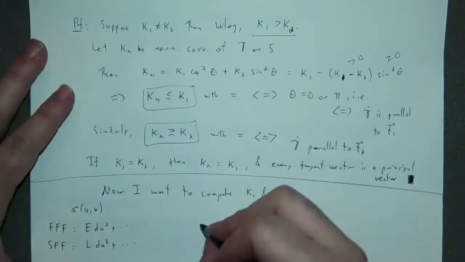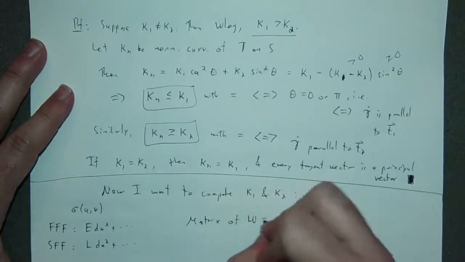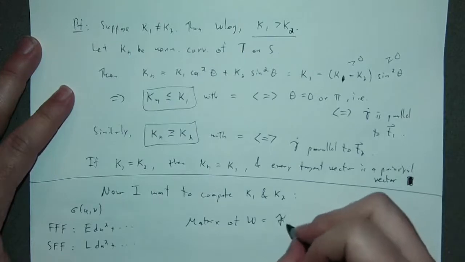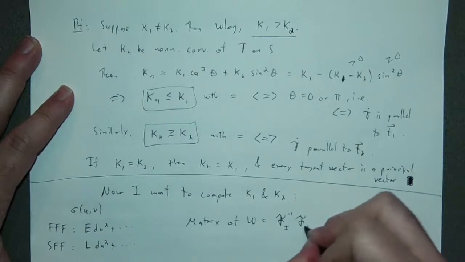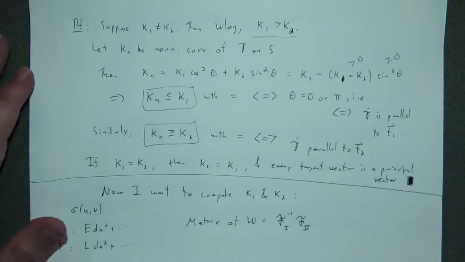Okay, what's the matrix of the Weingarten map? In general, as we saw when we first computed this, it's the matrix script F1 inverse times script F2.